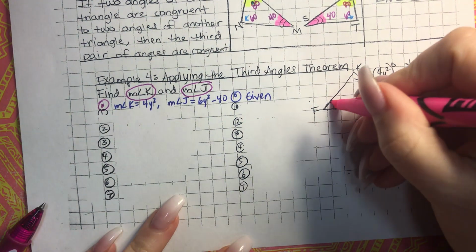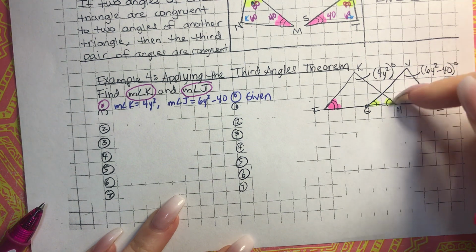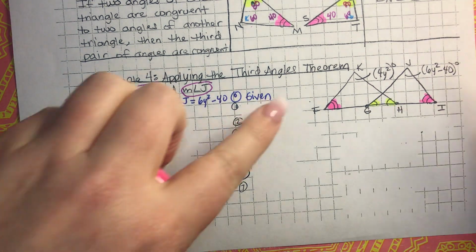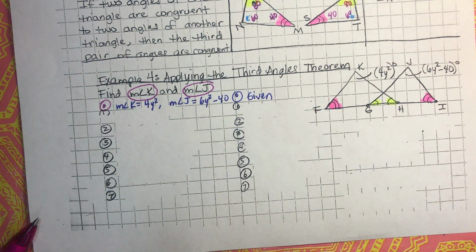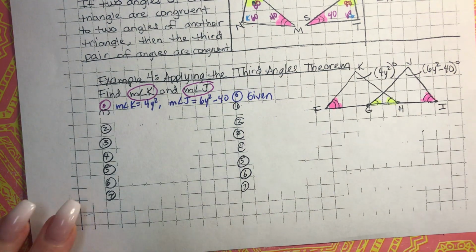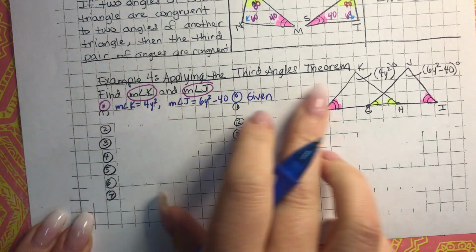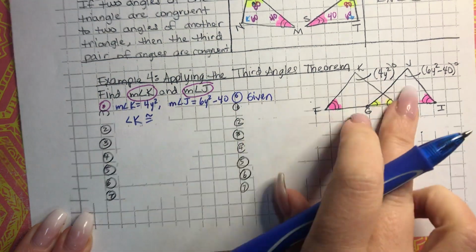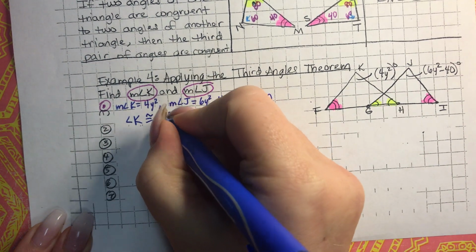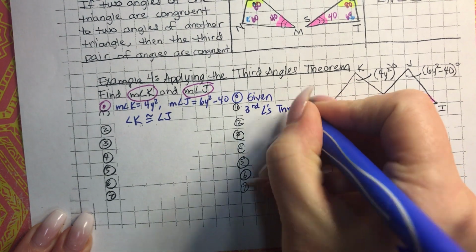So that means that these two angles are the same. So if we have two sets of angles that are congruent, therefore these have to be congruent by the third angles theorem. So we're going to say that angle K is congruent to angle J by the third angles theorem.